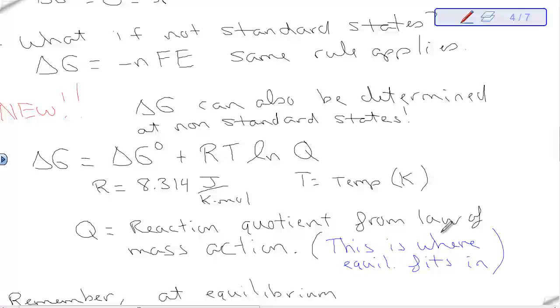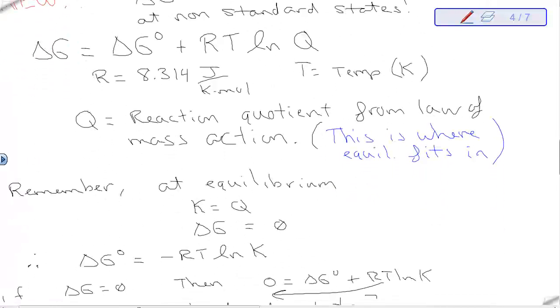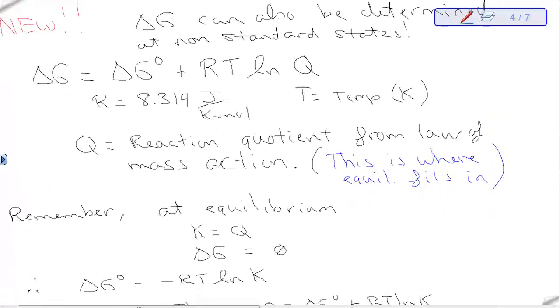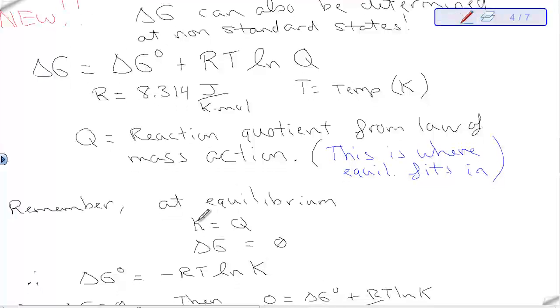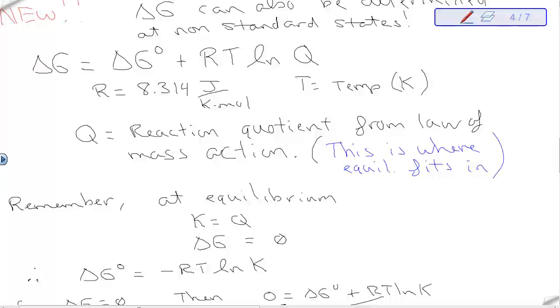Okay, and this is where equilibrium fits in. So, some things to remember. At equilibrium, K is equal to Q, and delta G is equal to 0. That's way back in the equilibrium or spontaneity chapter earlier in the year. And if those two things are true, then at equilibrium, delta G at standard states equals this relationship.